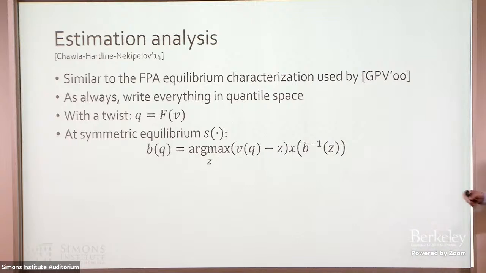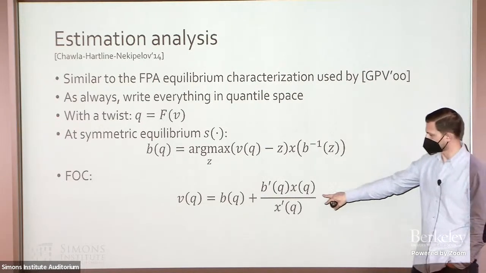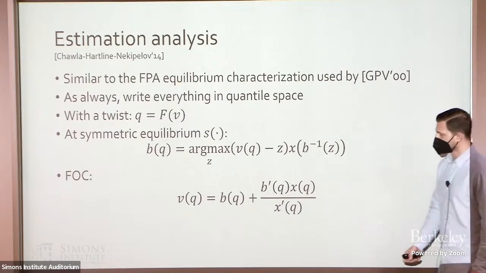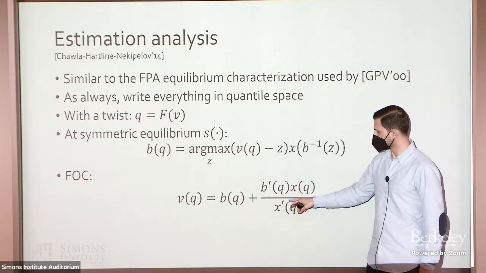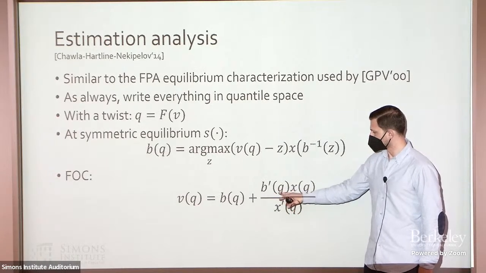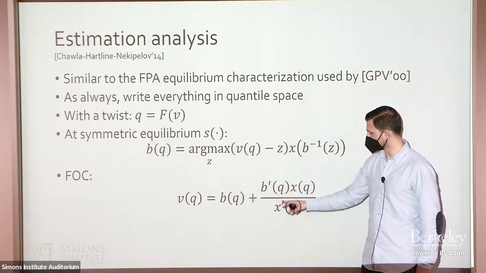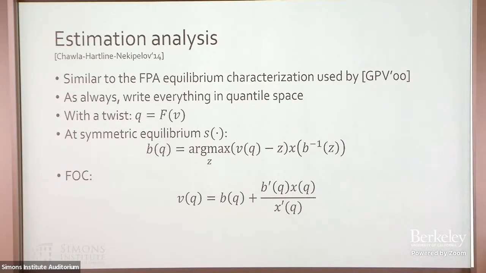So you can write a similar formula that you don't want to deviate to any other bid, and after first order conditions you can write a similar inversion equation as the one that we arrived at when analyzing the GPV paper, where the value of the player is their bid at equilibrium, and here the derivative of the bid is roughly connected to the density and the CDF.